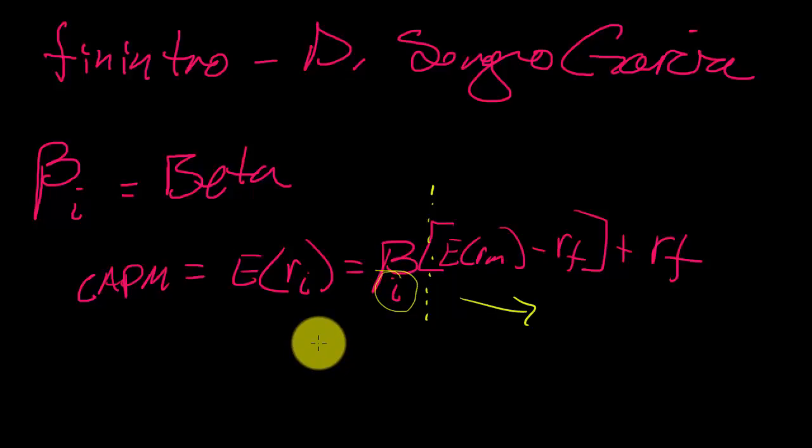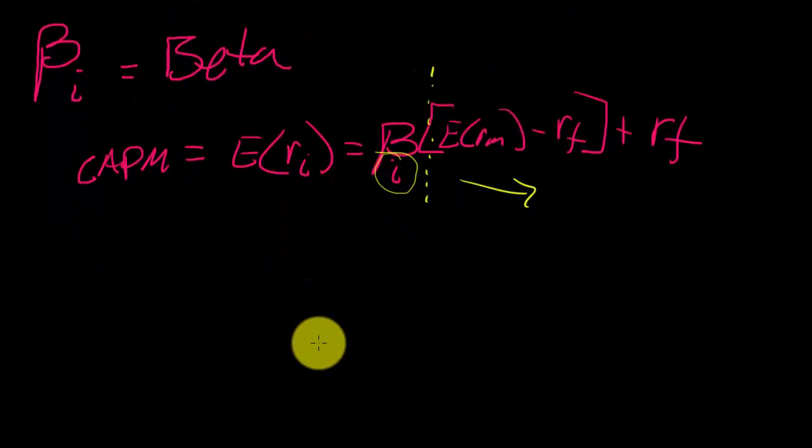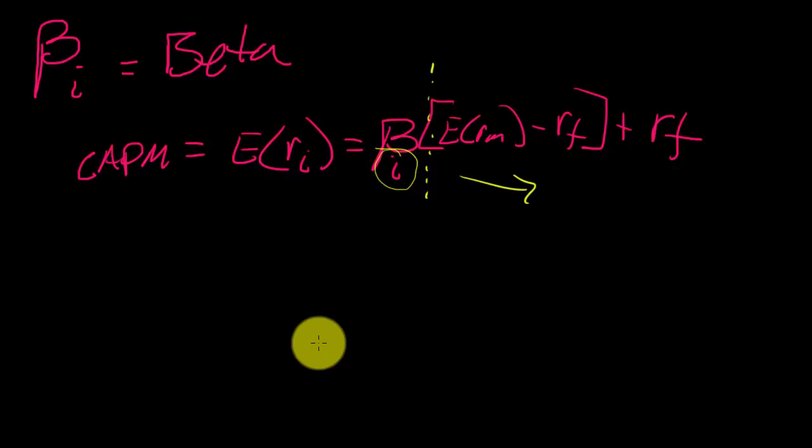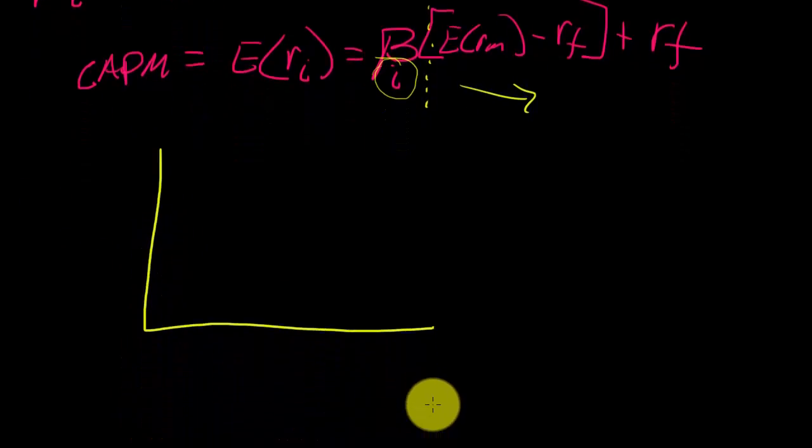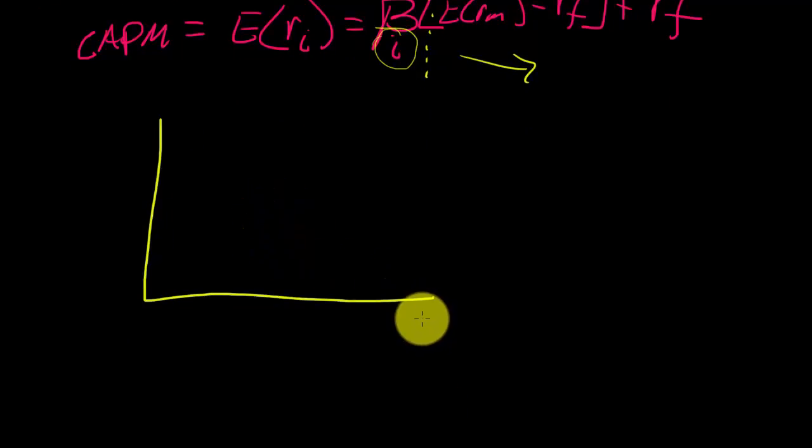The beta represents the risk of the individual asset in regards to the risk of the entire market. Let me say it again. The beta represents the risk of the individual stock in regards to the risk of the entire market. And so I'm going to draw a chart here that's just a little bit different than the ones we've been using. Instead of putting risk over here, I'm going to use beta, and over here I'm going to put expected return.